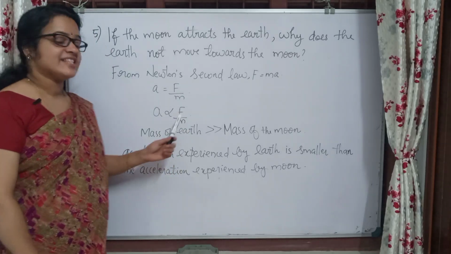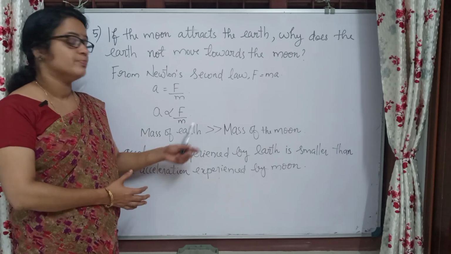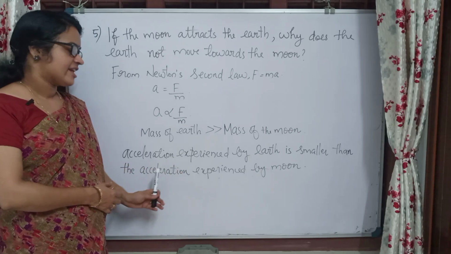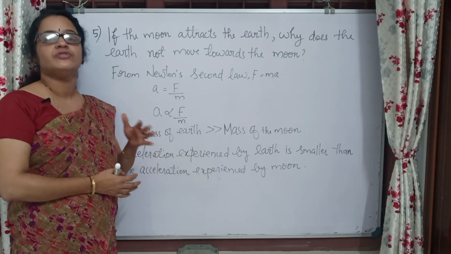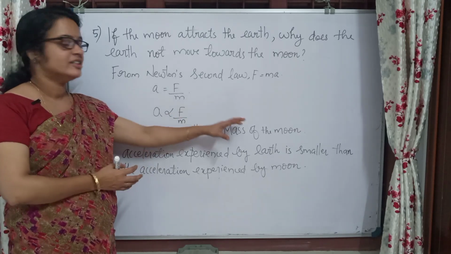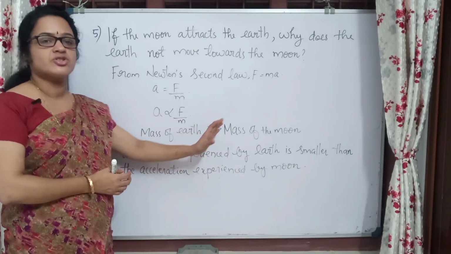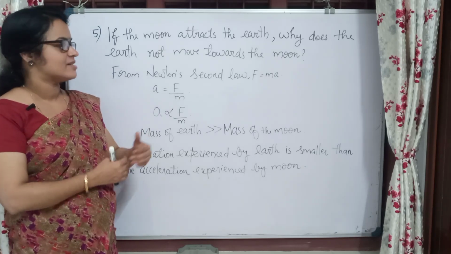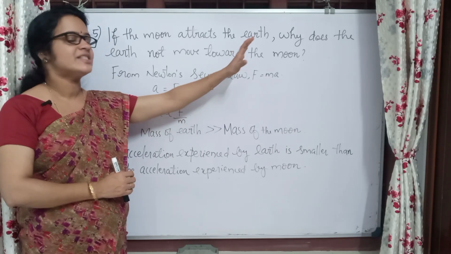The acceleration experienced by the Earth due to the gravitational pull of the Moon is smaller than the acceleration experienced by the Moon due to the gravitational pull of Earth. Clear? If the acceleration is less, it will not move that much. That is why the Earth is not moving towards the Moon.